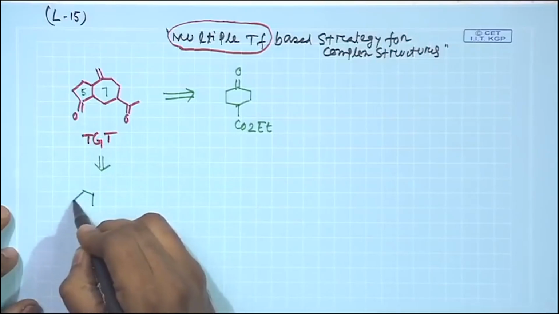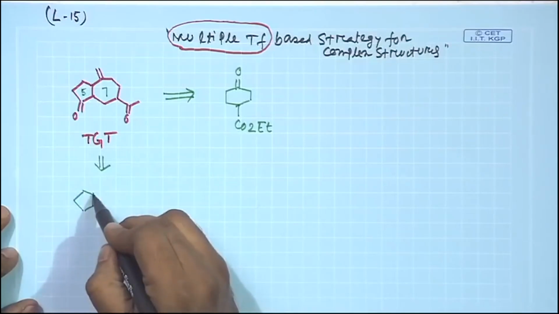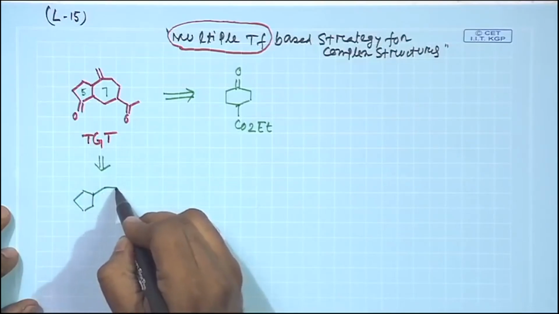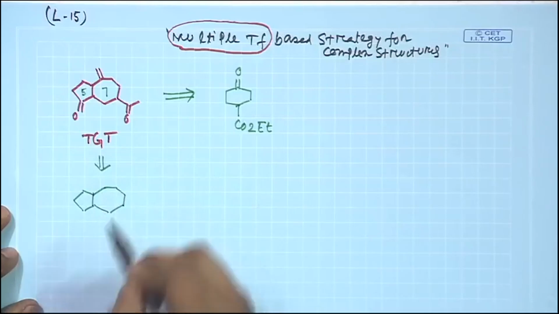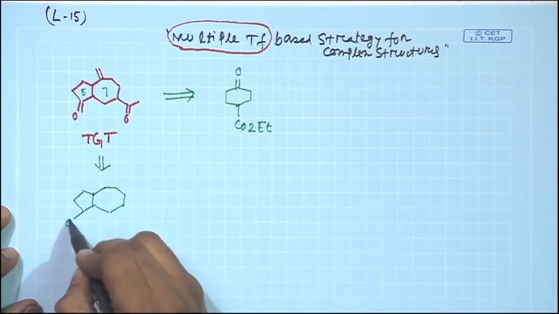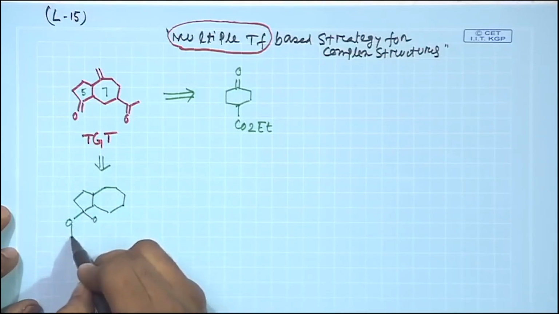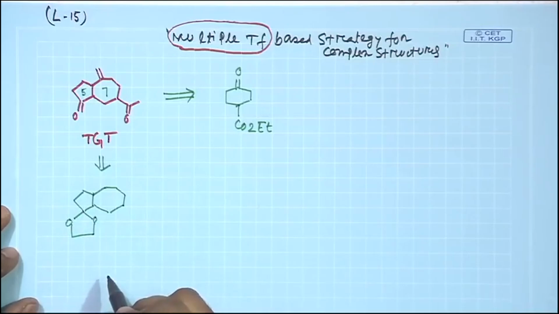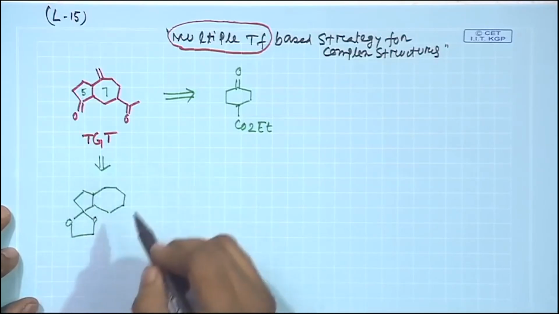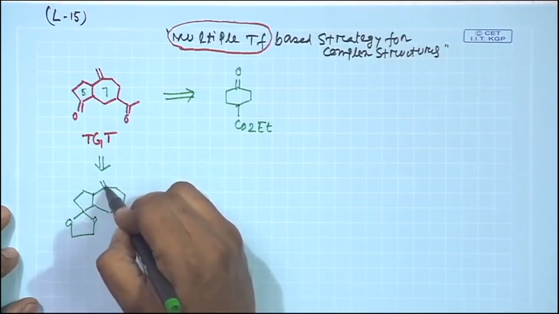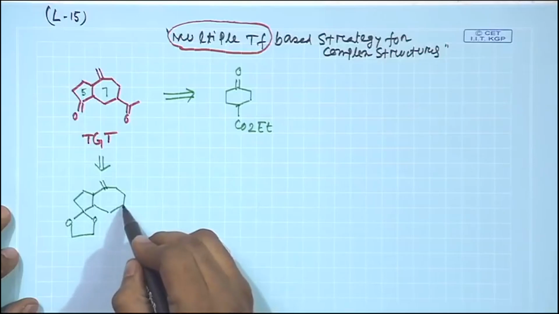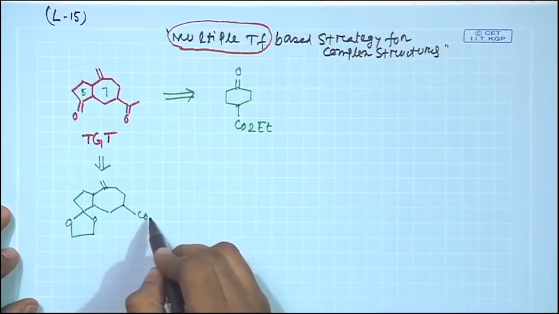So, let us do the retro first and then we will try to analyze it. This ring ketone, we are trying to put a protecting group, and the exocyclic methylene, kept intact, will be introduced in a later part.